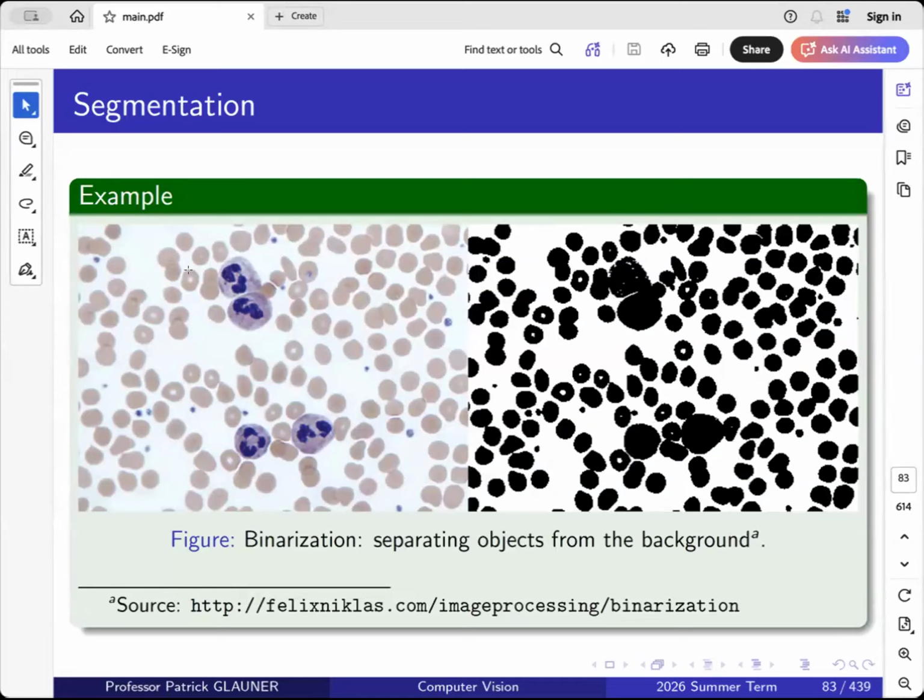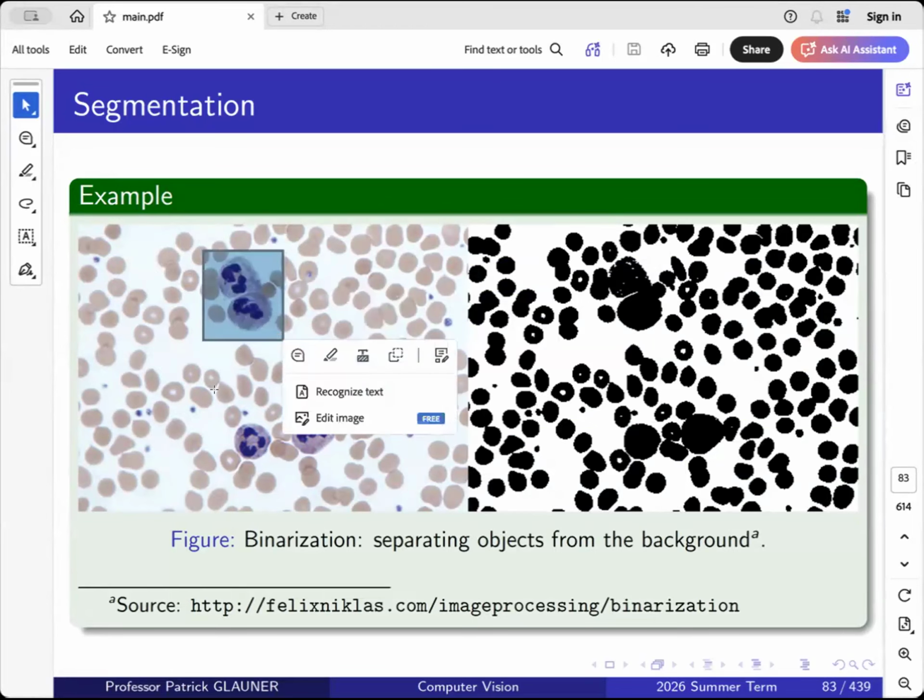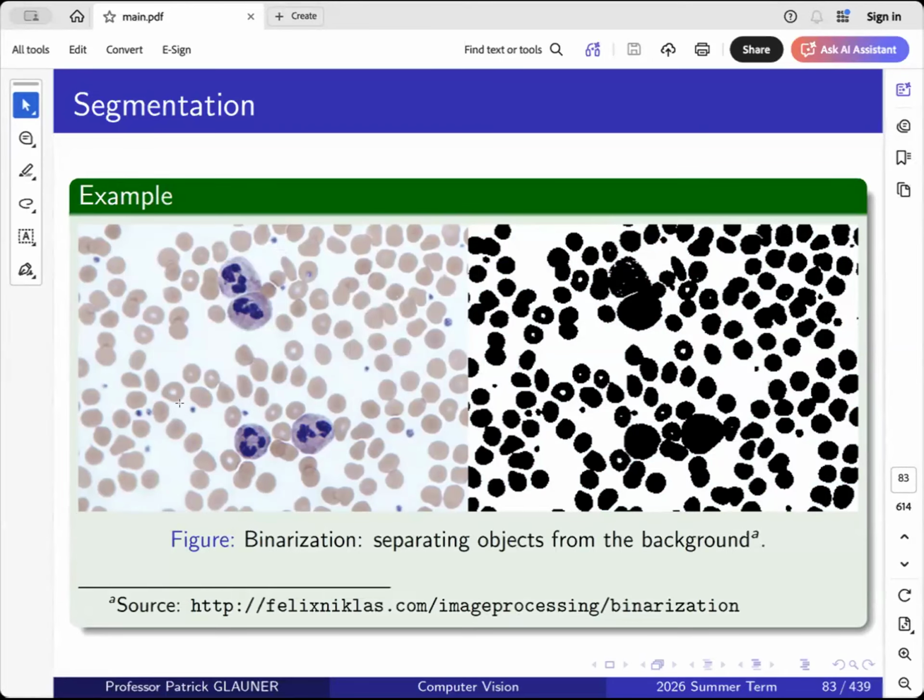Now, here's one example of what we want to do. We have this color image here, and it's an RGB image. And what we want to do is separate all the objects from the background. So these are cells, and there are some cancer cells, as we can see as well, some bigger ones, some smaller ones. And what we want to do is separate all of these objects from the background.